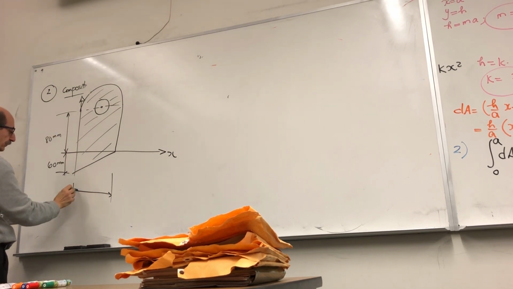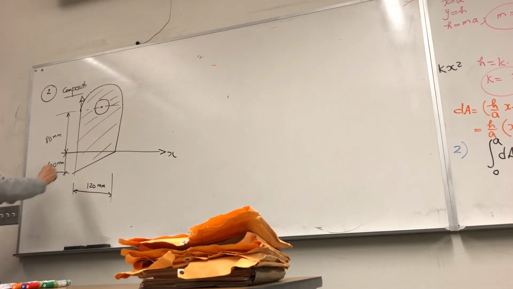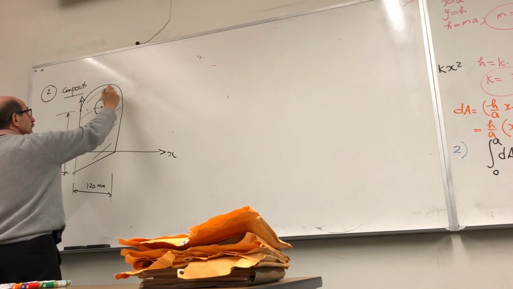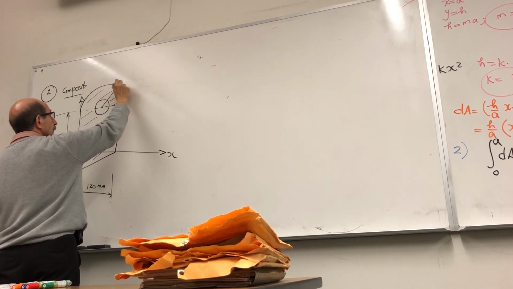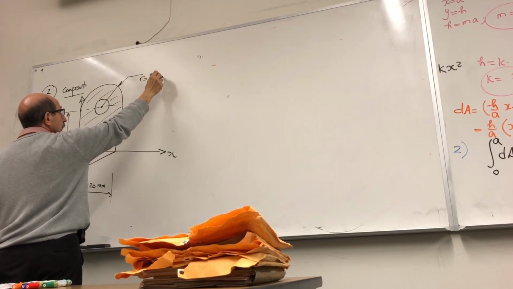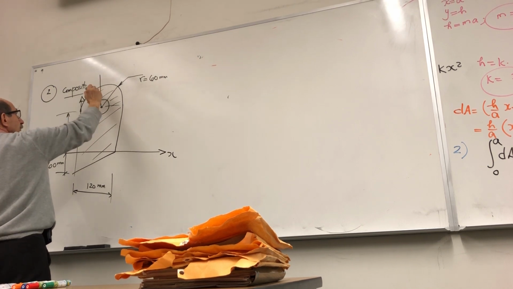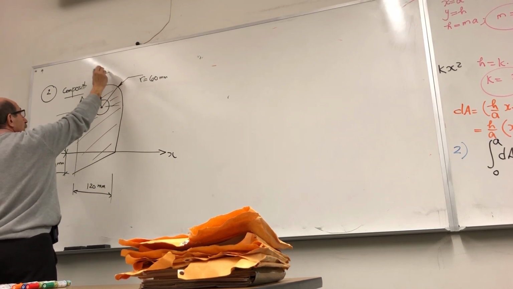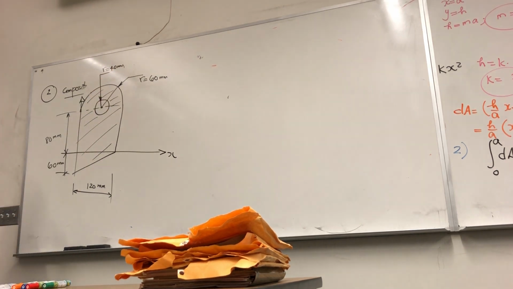This distance is given as 120 millimeters. A radius of this half circle is 60 millimeter, and radius of this is 40 millimeter. So you want to find the centroid of this shape.